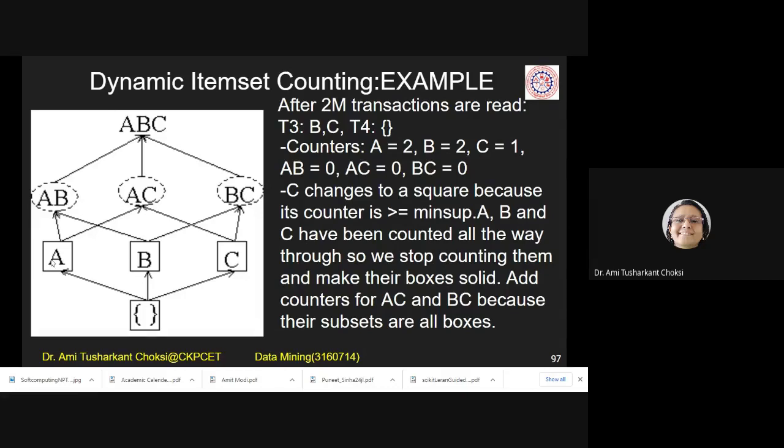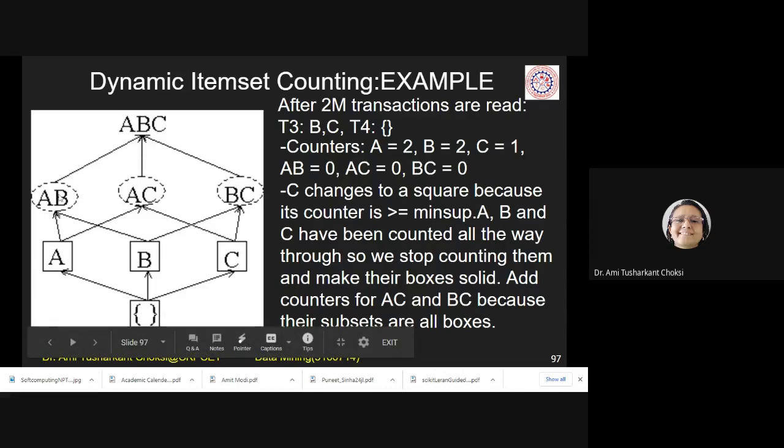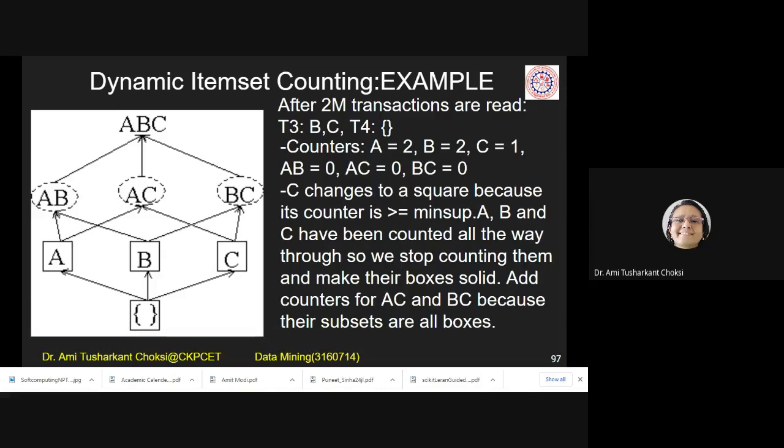As they are boxes, we are marking this pair, two item set, as dash circle. It was already there, fine. But for AC and BC, now they have their subsets which are all boxes. So we'll mark AC as dash circle, and for BC also we are marking a dashed circle. Fine? Okay, let us proceed further.